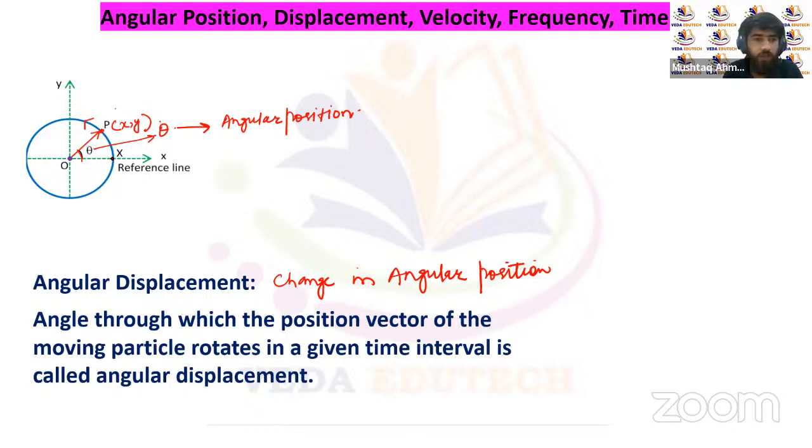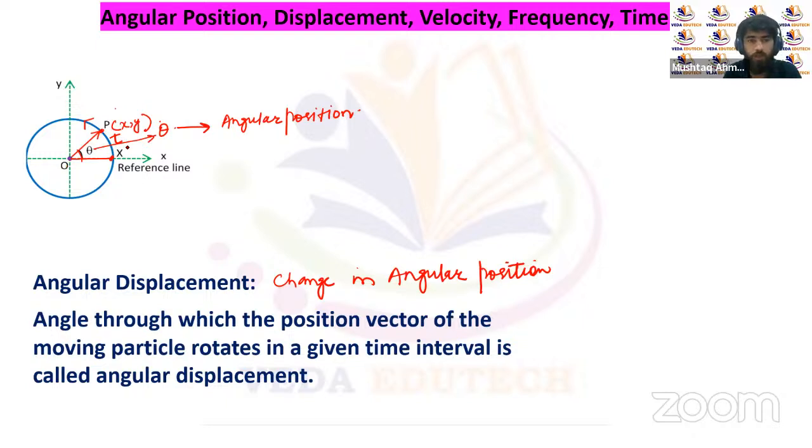Let's suppose initially the particle was at the reference line. So initial angular position here is 0 with respect to the positive x-axis or with respect to the reference line. Now, after some time interval t, the particle is moving in this circular path and it's at this point P.